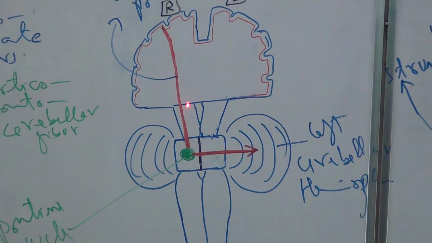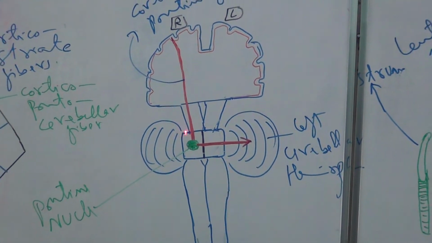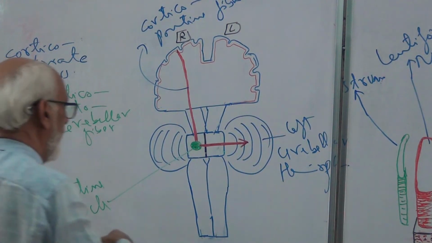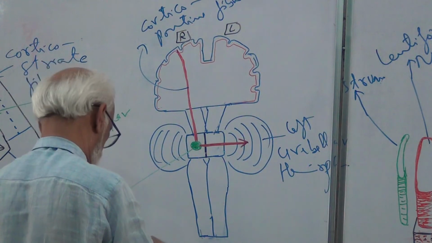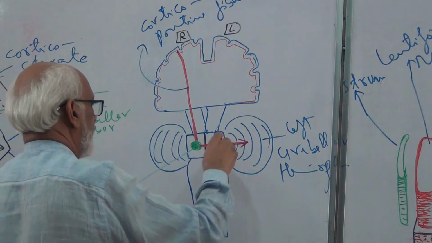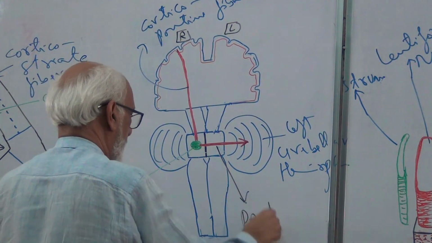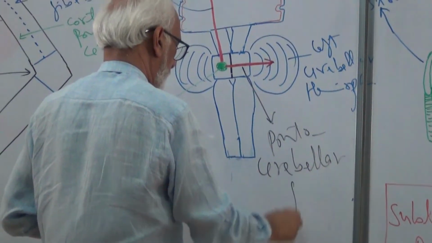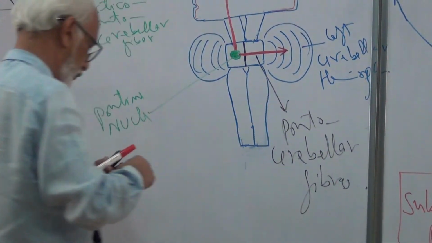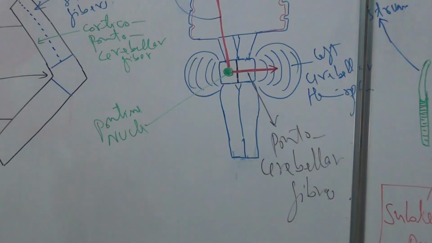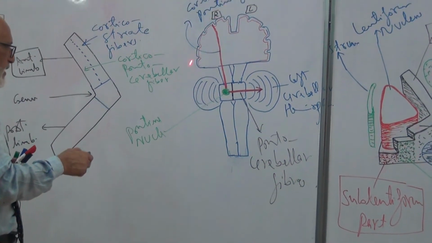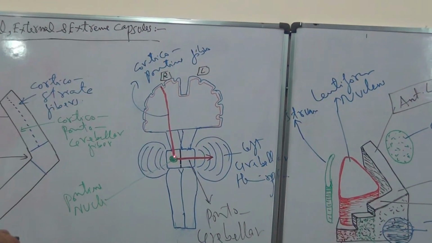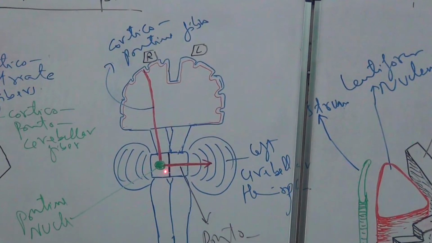So from here up to here, these fibers are known as the cortico-pontine fibers. And from the pontine nucleus to the opposite cerebellar hemisphere, these fibers are known as the ponto-cerebellar fibers. So you can see the link between the cerebral cortex and the opposite cerebellar hemisphere: cortico-pontine and ponto-cerebellar fibers.